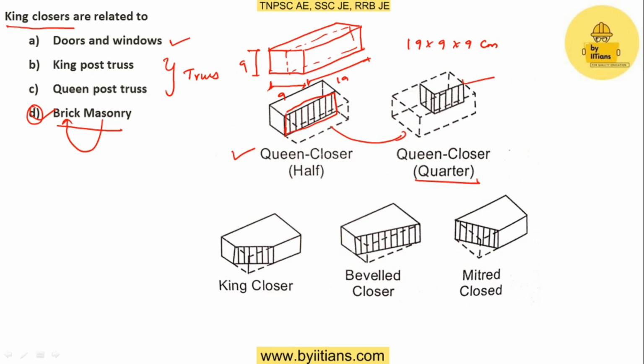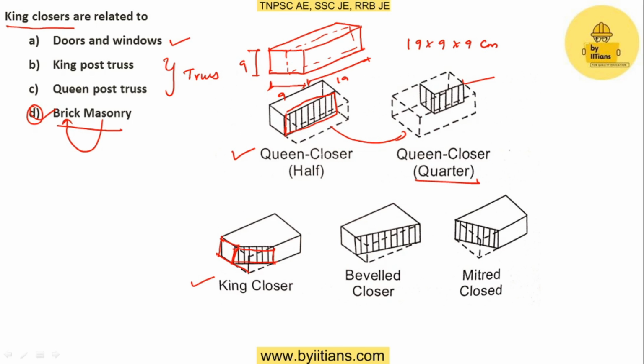Here, for our question, is the example for king closure. We will be cutting at the midpoint of the breadth direction and the length direction. So if you cut in this diagonal direction, then it is called king closure.